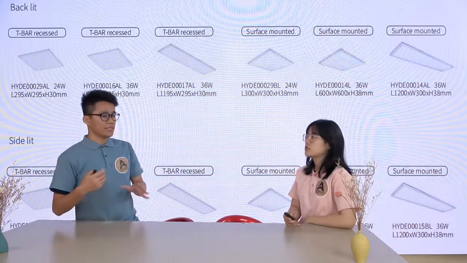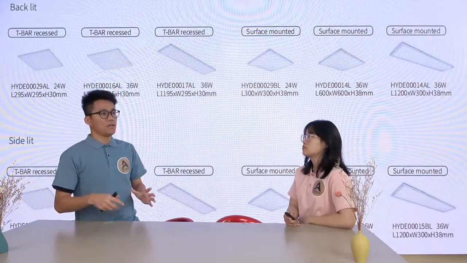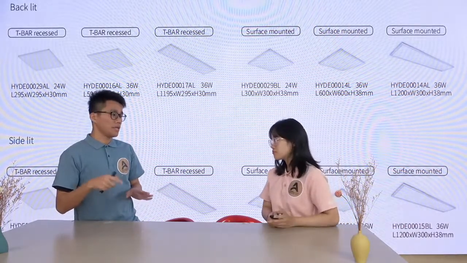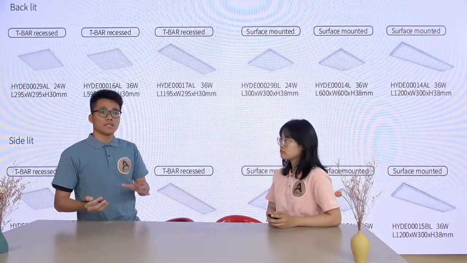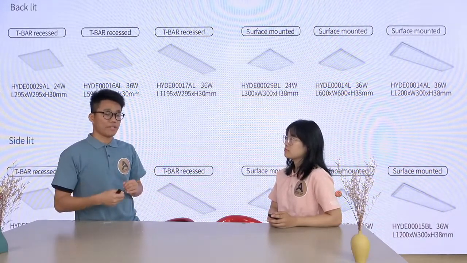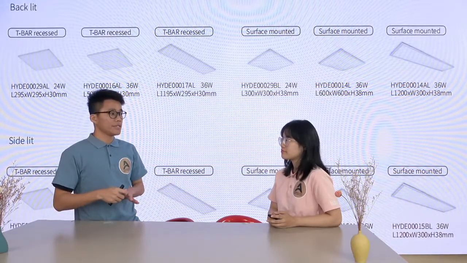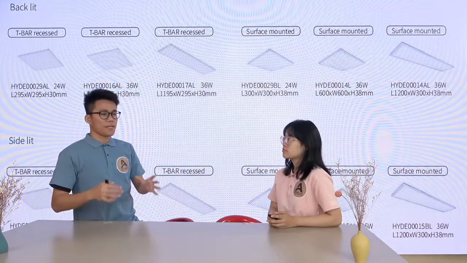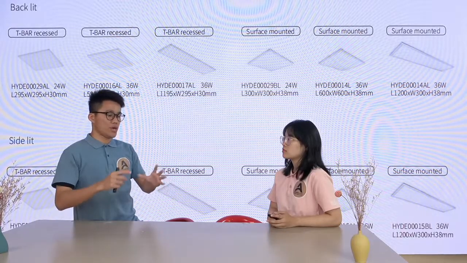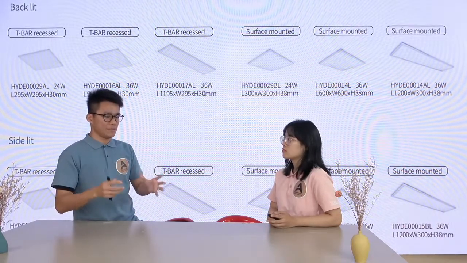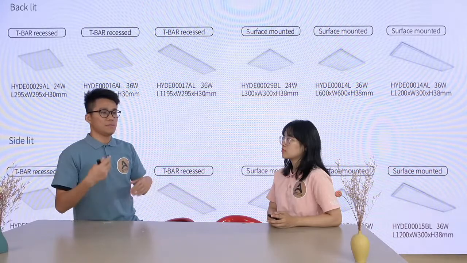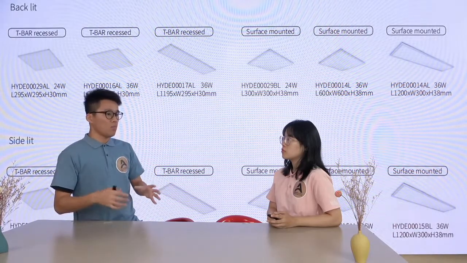The CRI, Ra, is normally 80. Some good LED chips can reach up to Ra80. It means the object can feel more real.